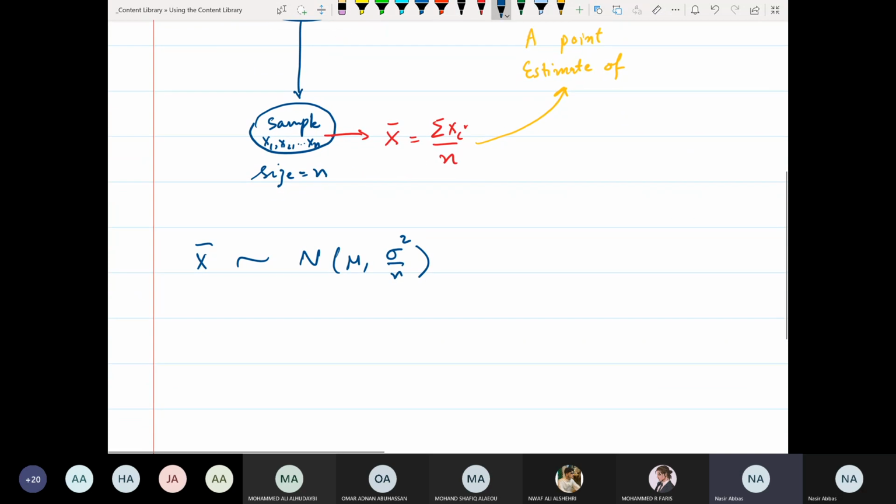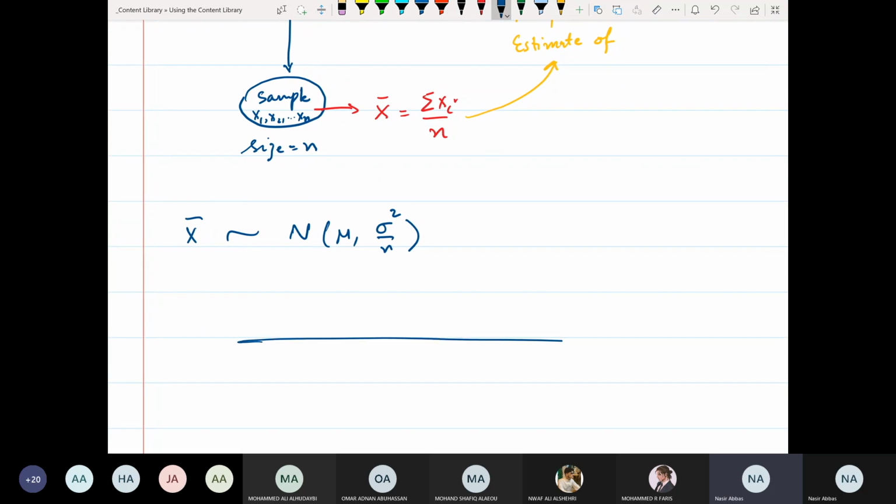So if your point estimate comes out to be here, let us say x bar is 80. This is minus infinity. This is plus infinity. Now mu can be anywhere from minus infinity to plus infinity. We don't know where mu is, but we can say we are, let us say, 95% or 99% confident.